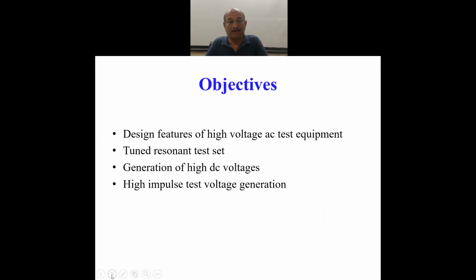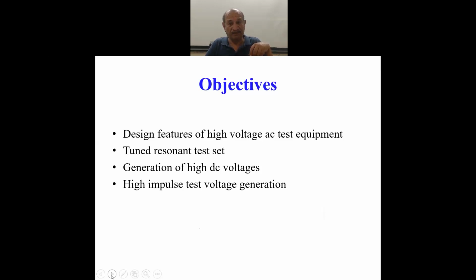Actually, the whole thing we have been talking about right from the first lecture is the electrical insulation of the power system. The electrical insulation forms capacitance, and so the current drawn by the test transformer is capacitive current, and that is very high.